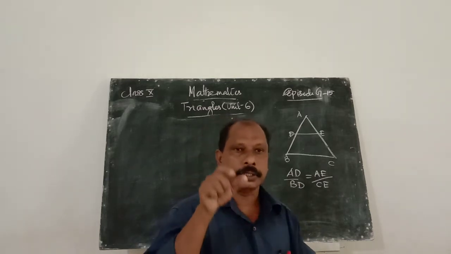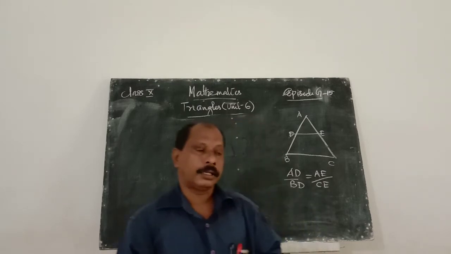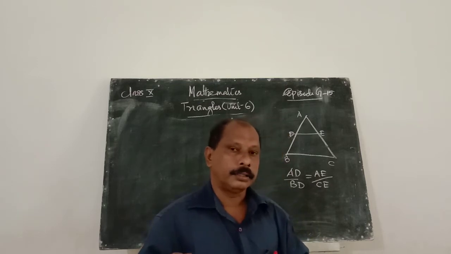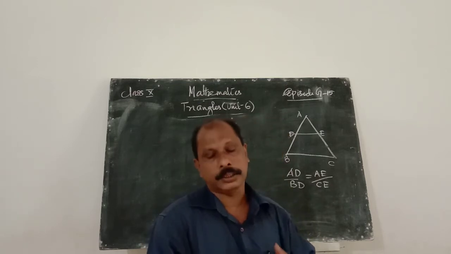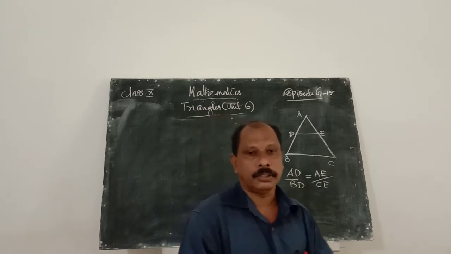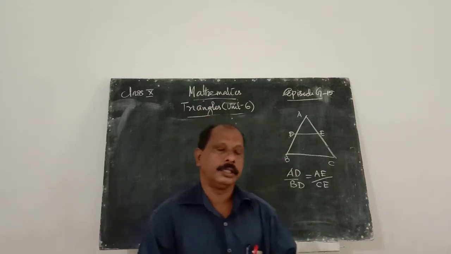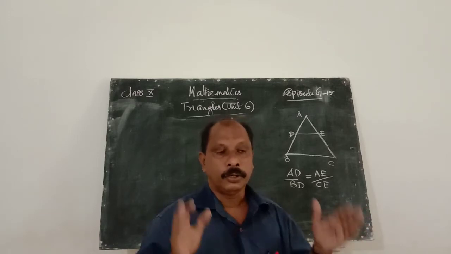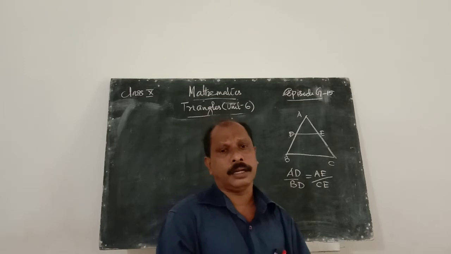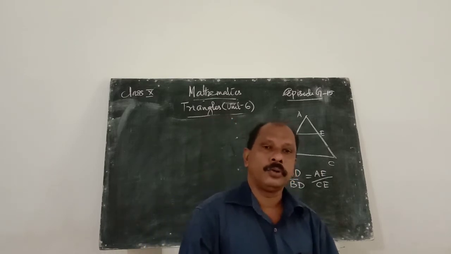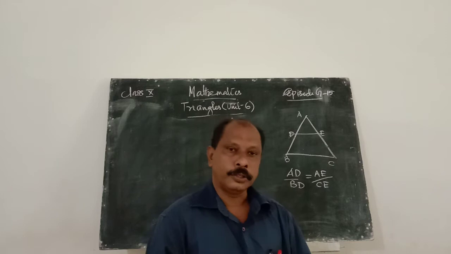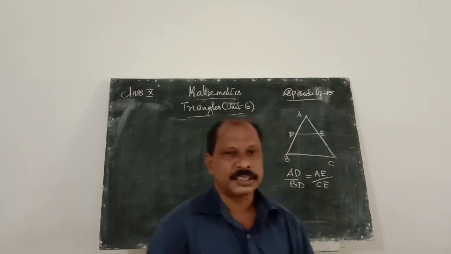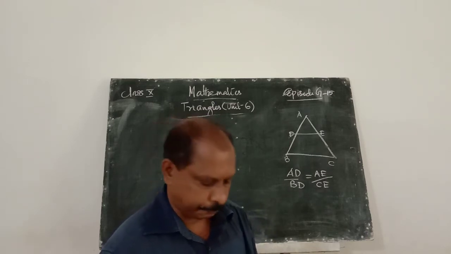Using that theorem, area of triangle BDE is equal to area of triangle CDE. Therefore, the denominators of the first and second equations are equal. The numerator is always the same because that is triangle ADE. Therefore, 1 and 2 are equal. From equations 1 and 2, AD by BD is equal to AE by CE. That is the proof of the basic proportionality theorem.